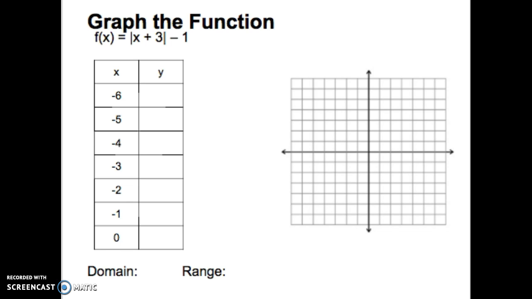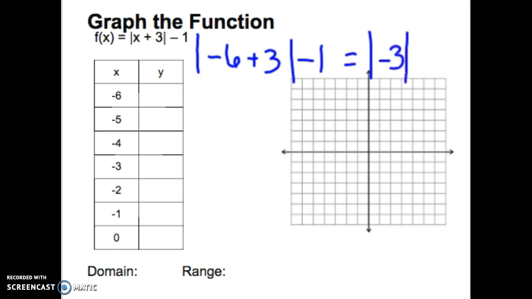Just like we did, we're simply plugging in values in for x. Starting off with -6, we plug it in, and right away we have to do some simplifying in the absolute value. -6 plus 3 gives me the absolute value of -3 minus 1.